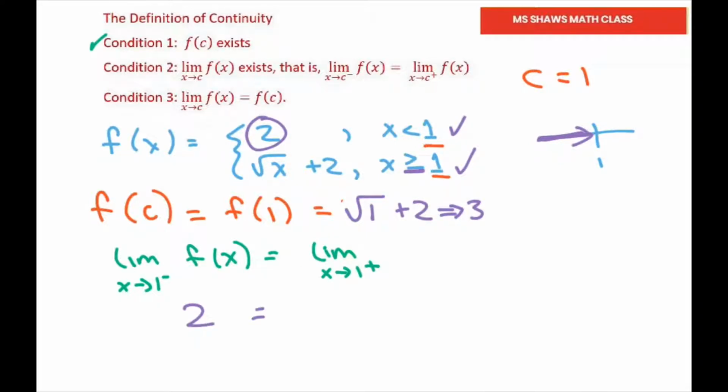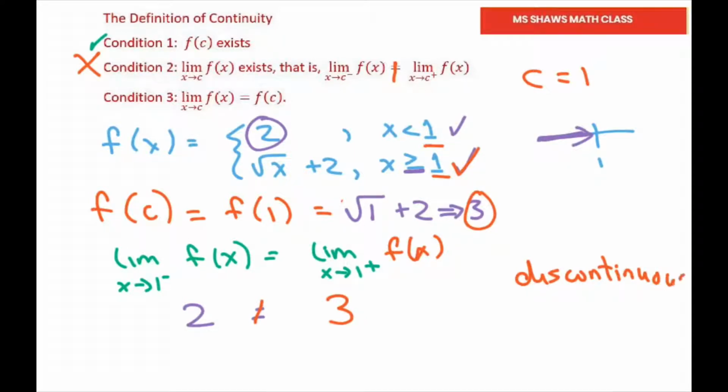And all numbers greater than 1, I plug in here. So I plug in 1, and we already got a 3. So that equals 3. They do not equal. So this is not true. Our second condition is not satisfied. So this function is going to be discontinuous because it failed condition 2. So now let's graph them and see.